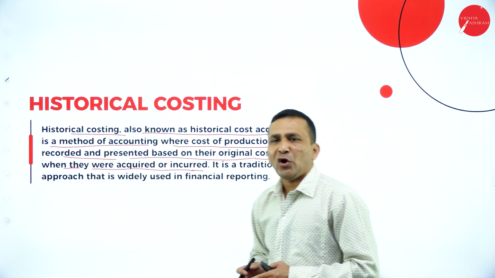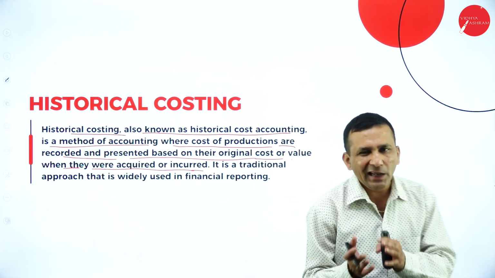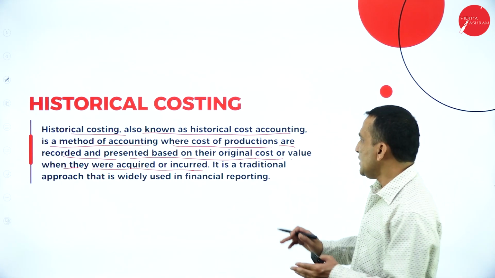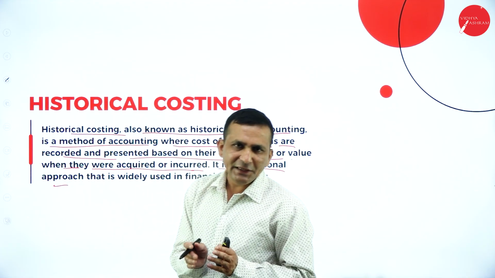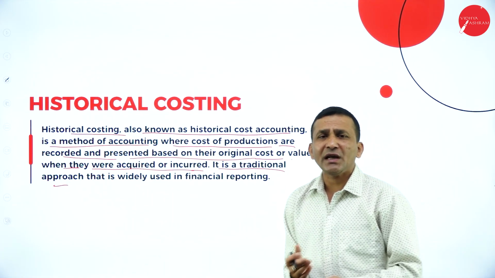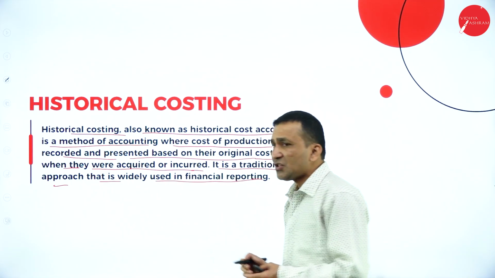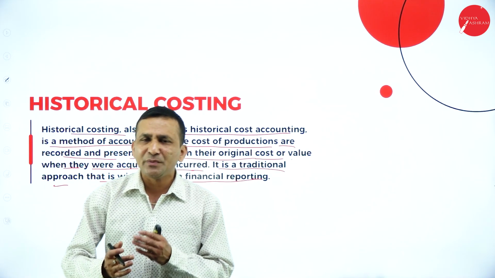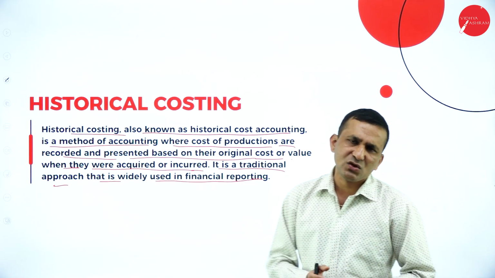So at the time of production, whatever the input related to the material or labor or overheads, we are directly focusing only on it, okay. So it is a traditional approach. Of course, it is a traditional approach. We are not able to take proper decisions, okay. That is widely used in financial reporting, okay, or when they are preparing the cost accounting, as a management they want to check the performance, how the activity is going on.